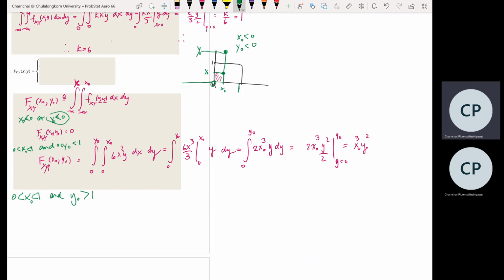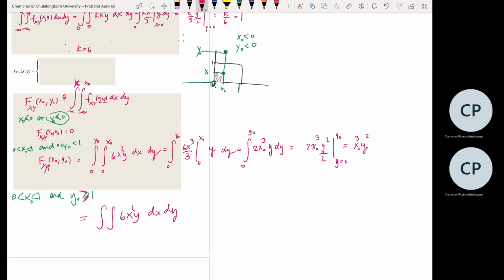If it's right here, how would we integrate this? We're going to integrate 6x squared y dx dy. More than or equal to, it doesn't matter. Yeah, you should be more than or equal to 1.